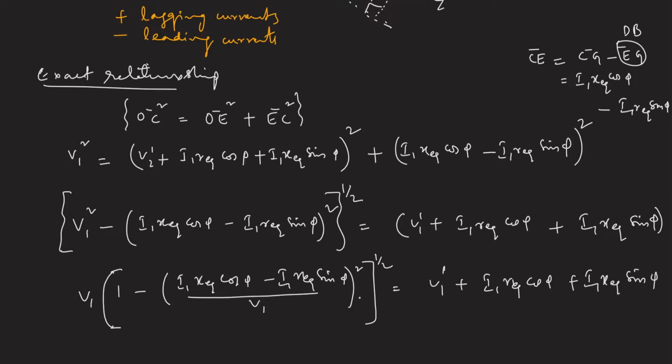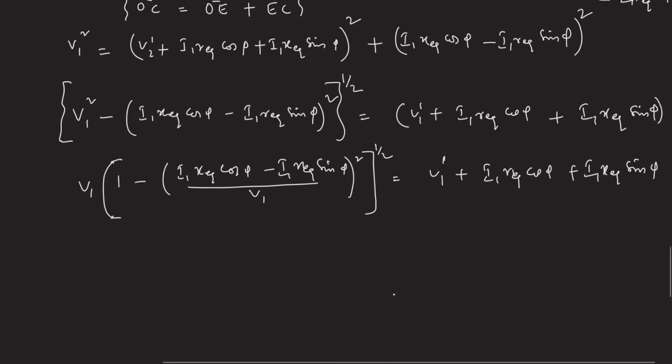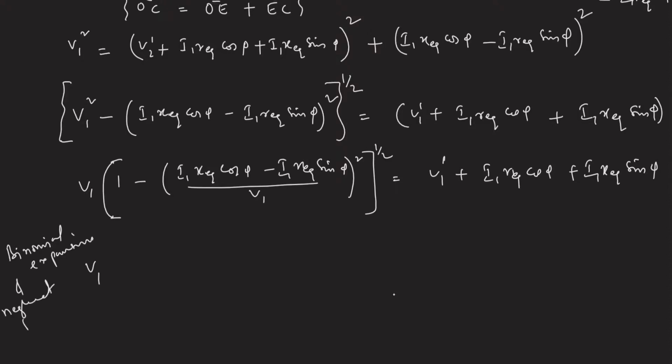So they expand this series using binomial expansion, simplify, and neglect the higher order terms. So this is binomial expansion, and neglect second and higher order terms, right?